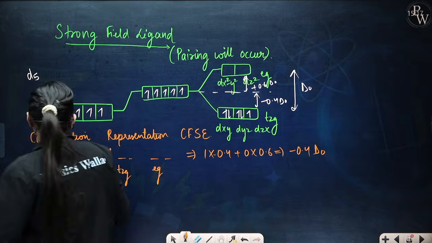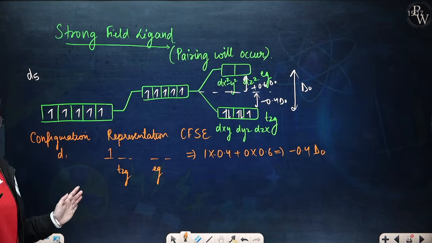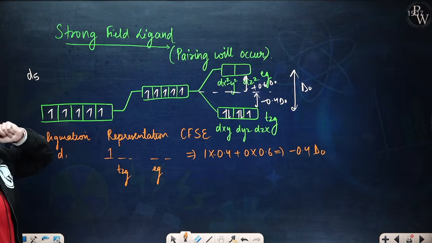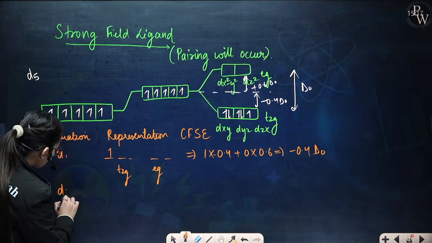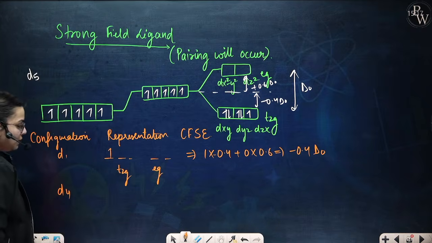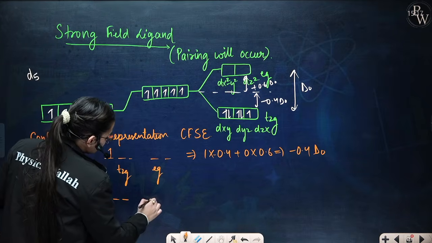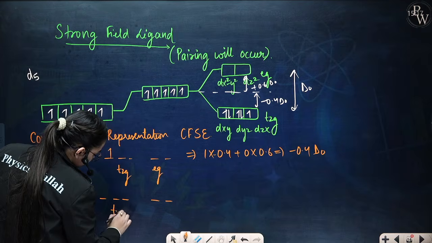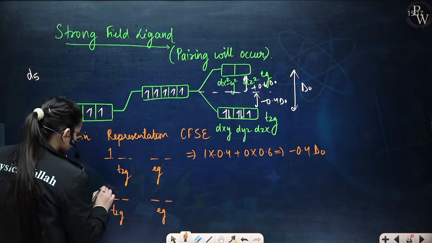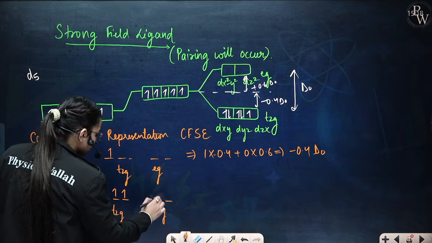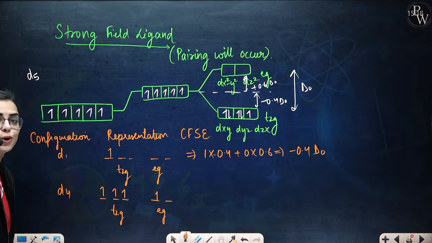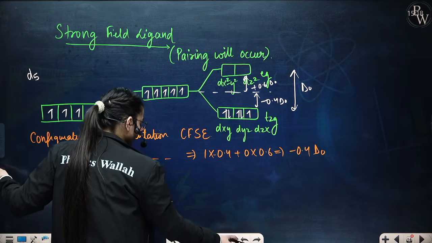Now see, in D1, D2, D3 you can calculate automatically, but in D4 where pairing occurs, I'll let you know. Let us take the example of D4. Again these are the T2G, these are the EG. Now 1 electron, 2 electron, 3 electron. Will the 4th electron come over here? No, ma'am. Why? Because pairing will occur.